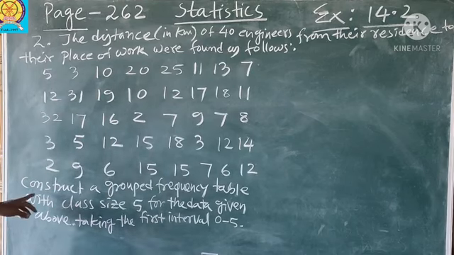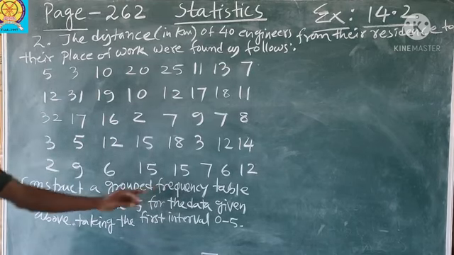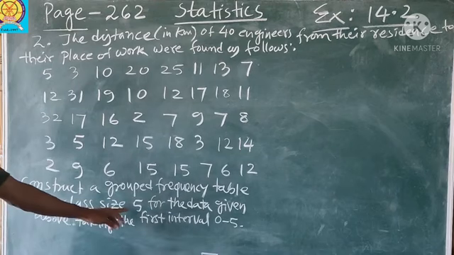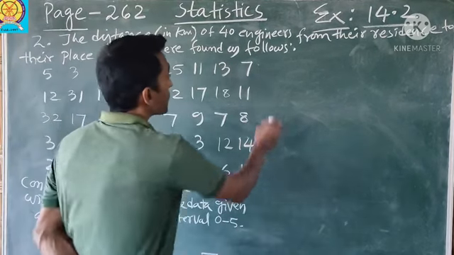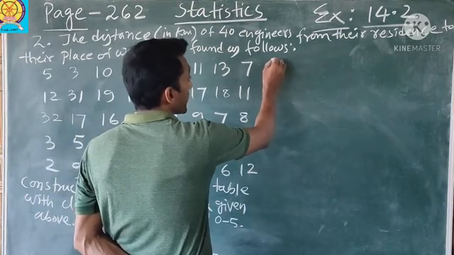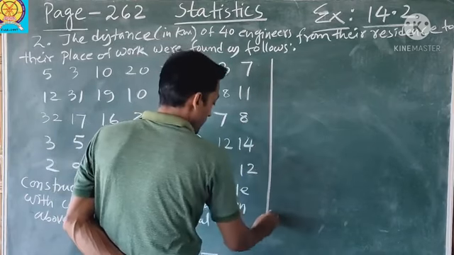So what we have to do? Construct a group frequency table with class size 5 for the data given above, taking the first interval 0 to 5. So now we will make the group frequency table.